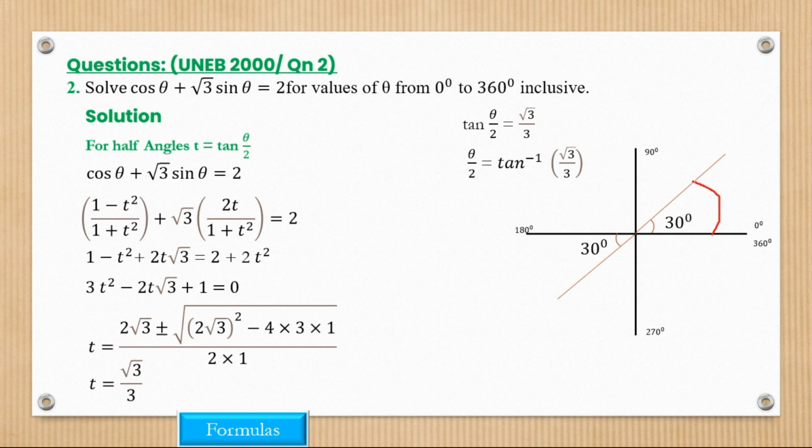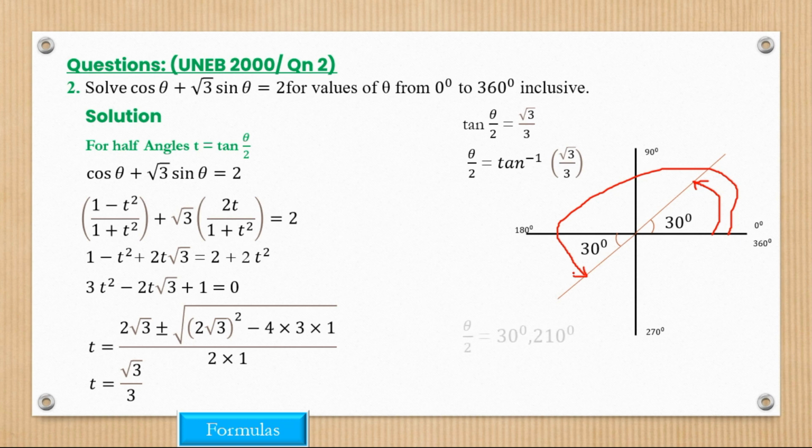So our first rotation is that. And now we could also get our second rotation. Now our second rotation is 180, so we have 180 plus 30, which is 210. But remember, we're going to be multiplying by 2.